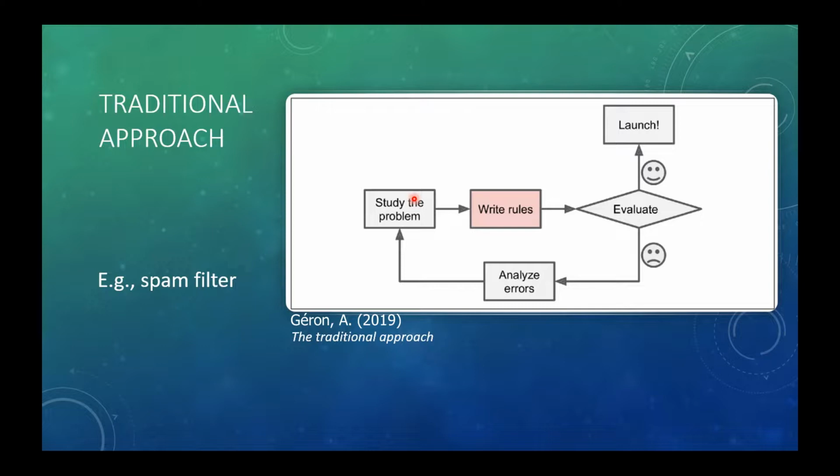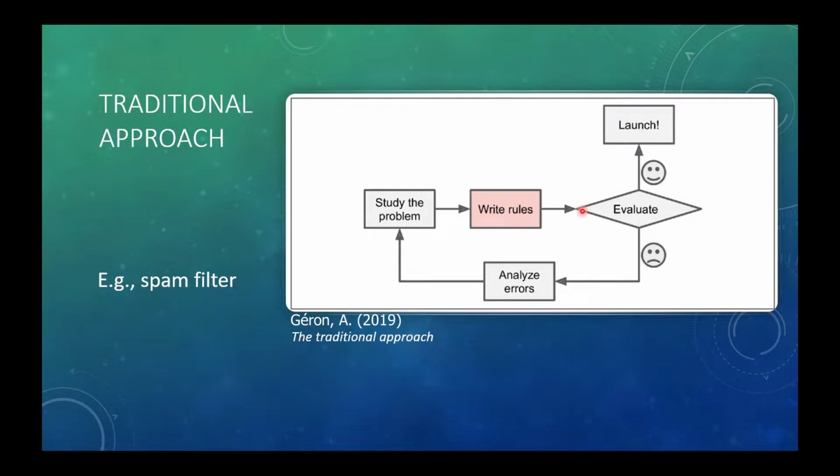And then what do you do? Then it comes to writing those rules. After you found these phrases and keywords, you go to your application and write these rules, implementing what you found earlier during the studying-the-problem phase.